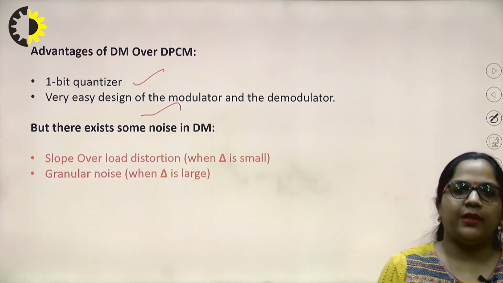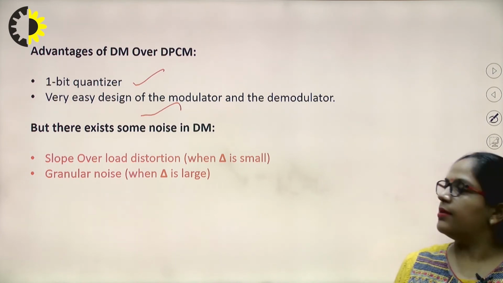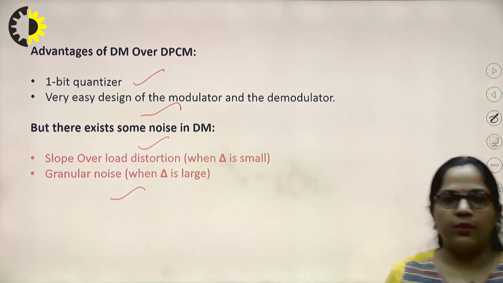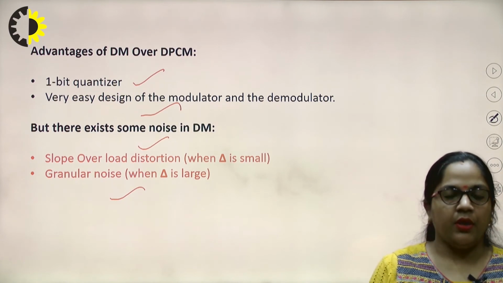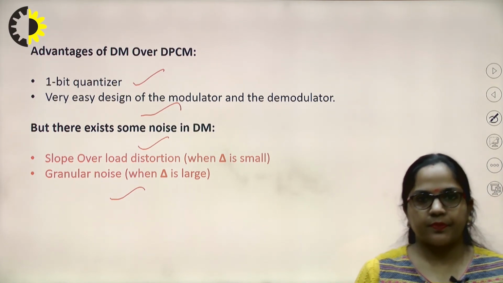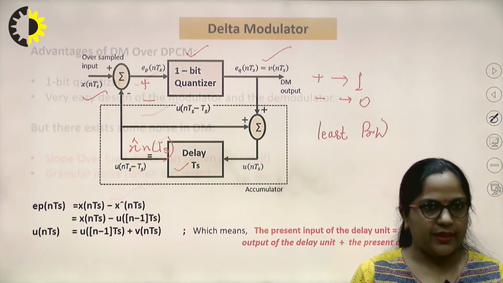But in case of delta modulation, we have two severe disadvantages, called slope overload distortion and granular noise. These two noises occur in case of delta modulation. What are these two noises? The step size will remain constant in case of delta modulation.